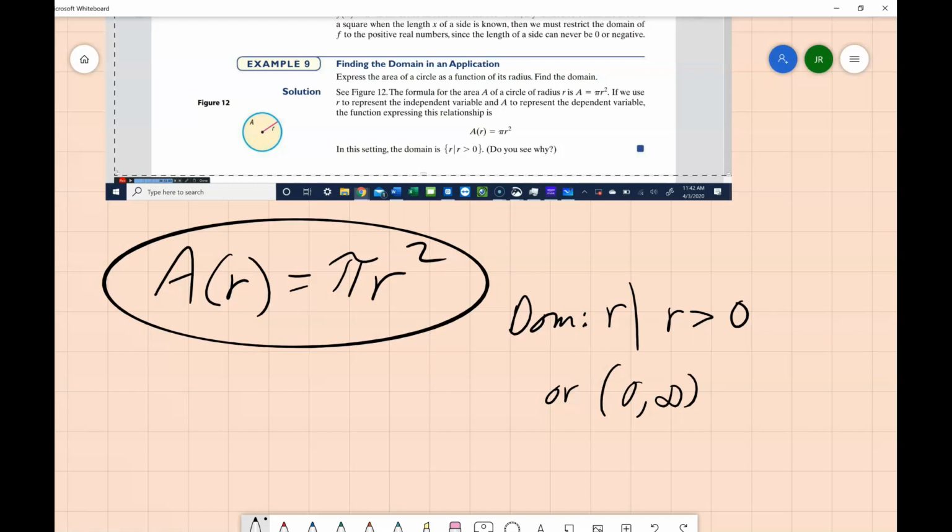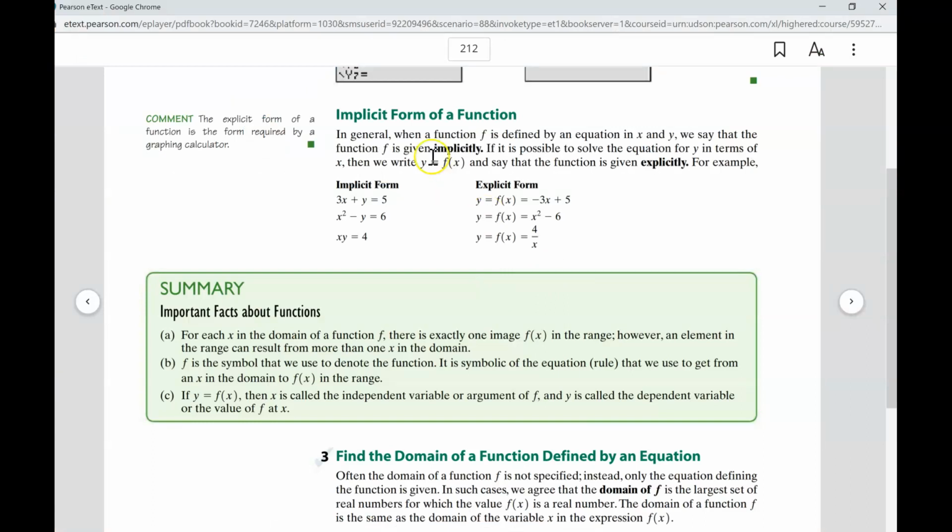Like if I was building a shed and trying to determine the height of the shed, I know that the height is going to have to be taller than my lawnmower, but it can't go above the height of my house if I'm building on the side of my house. So I would have a domain that would be limited by those conditions. Sometimes that's the case. Two more things to go over here.